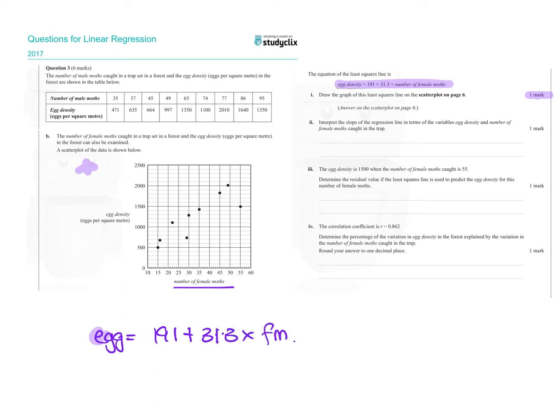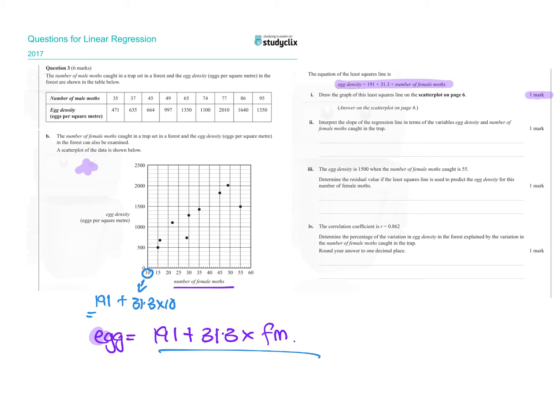What you're going to do when you're sketching any of them is pop the X value at the start into the formula. So if you notice, that's starting at 10. That is not starting at 0. So you put 10 into this formula here. So you've got 191 plus 31.3 times 10, and you get an answer.